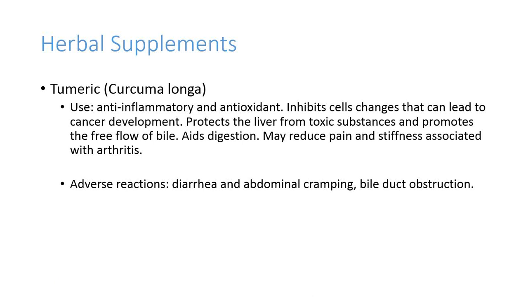It is a very yellow colored plant root, and it will stain things yellow, so be careful with that. But it's what gives East Indian food that yellow color to the curry. The color is the turmeric.